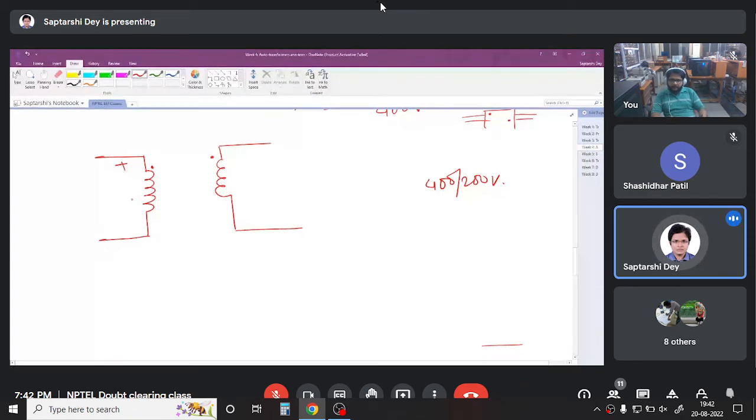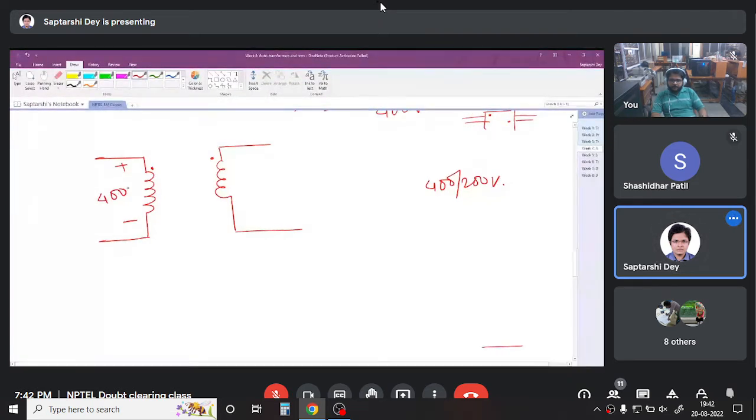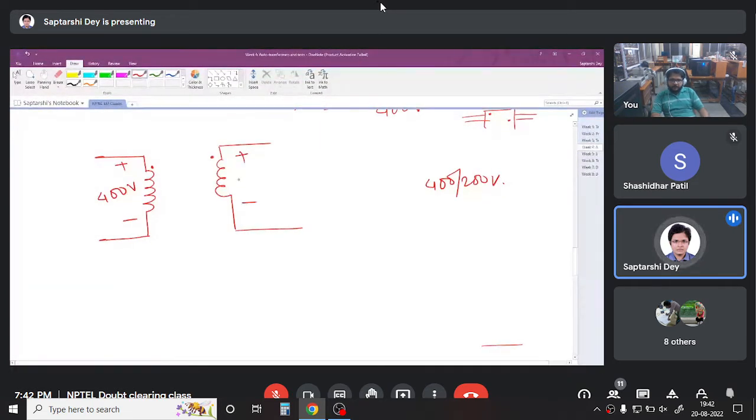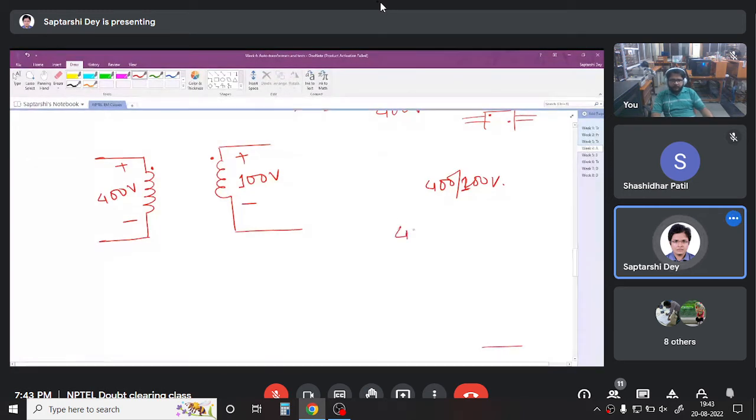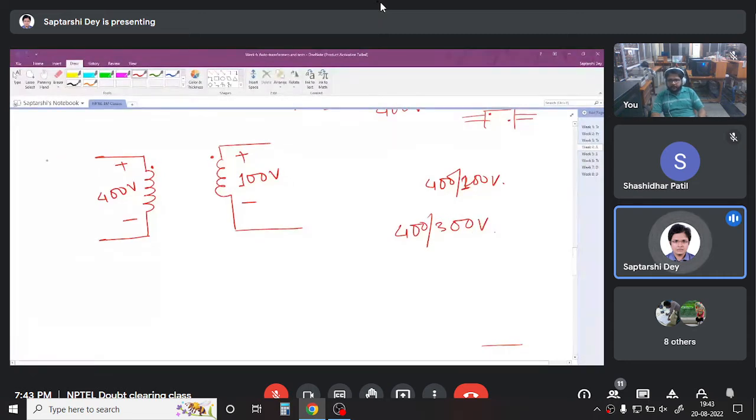So if I apply 400 volt in this direction, there will be 200 volt in this fashion. Let us take not 400, 200, let us take 400, 100, otherwise things will look confusing. Now, out of this, I want to derive a 400 by 300 volt transformer. I have the 400 already here. Now, how to get the 300?